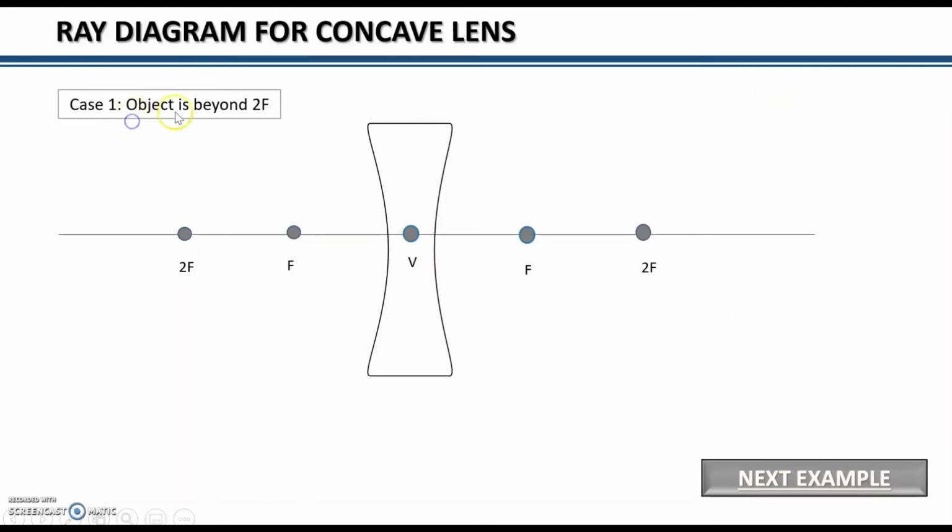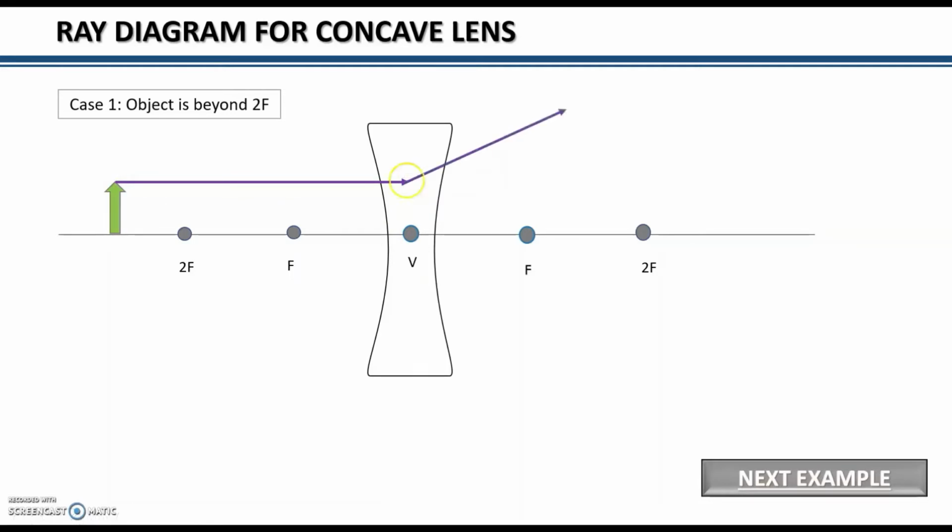So you have case 1 here, the object is beyond 2F. So this is the object placed beyond 2F in front of a concave lens. So how do we draw now the ray diagram? So ray 1 is a light ray drawn from the tip of the object parallel to the principal axis, and then it bends.